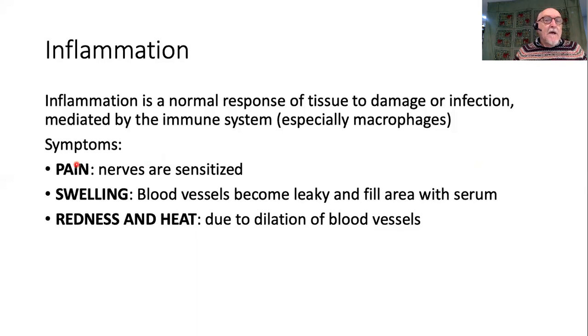And then second, the metabolism of cells in that area is actually increased. So they produce more heat. And this actually makes it very advantageous for the white blood cells of the immune system to act. And it disadvantages things like viruses and that sort of thing. They don't like a high temperature.